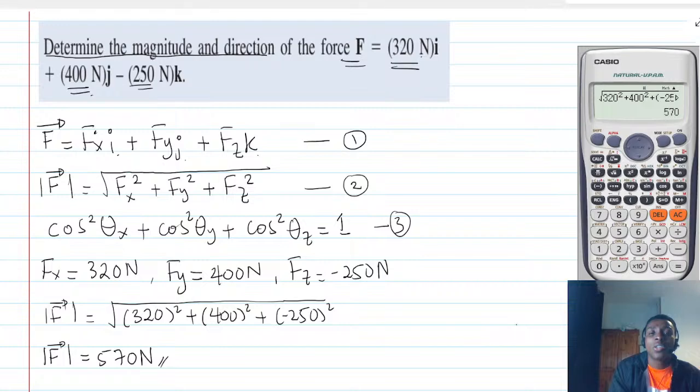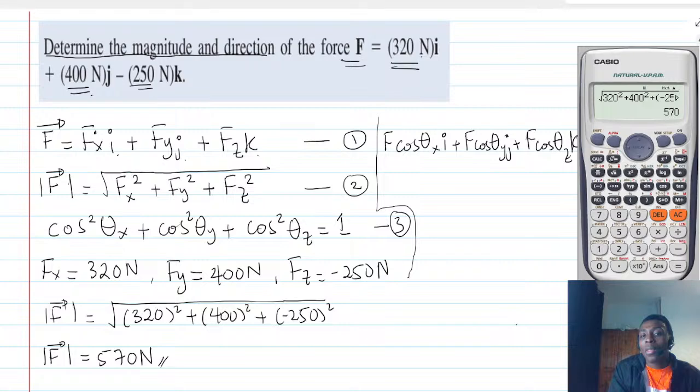There is a fourth equation: F cosine theta x along the i plus F cosine theta y along the j plus F cosine theta z along the k should be equal to F as a vector. Let me bring it down here so that you get it.